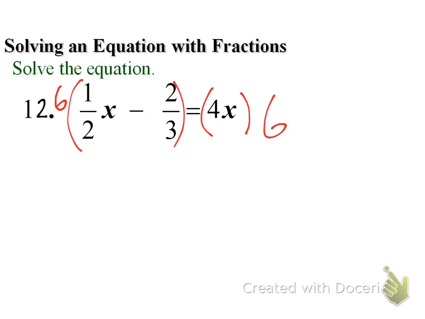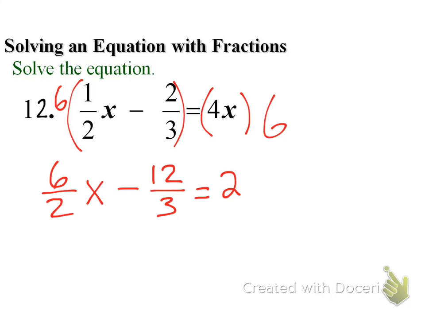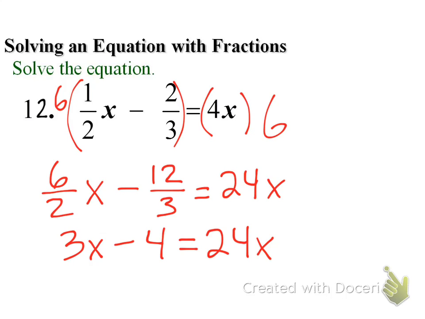I'm going to show all my steps just in case someone's not sure how these are simplifying. So we would end up with 3x minus 4 equals 24x.